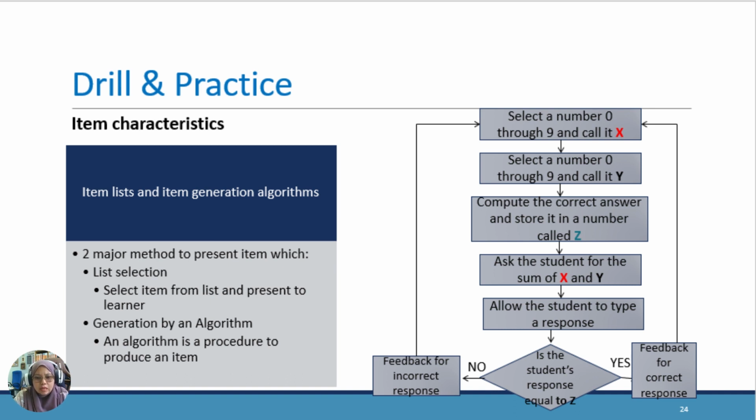Allow the student to type a response. If the response from the student equals Z, give feedback for a correct response, and if incorrect, feedback for an incorrect response. And then they go again. So we set the algorithm here.